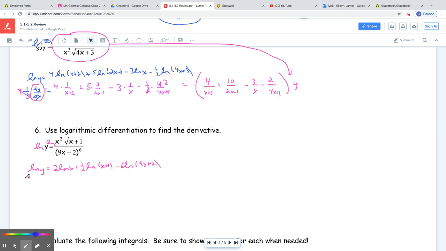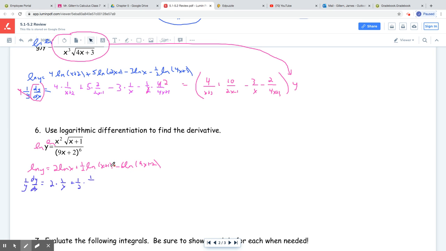So this is always 1 over y dy dx, and that's what we're eventually going to solve for, equals 2 times 1 over x, because the derivative of natural log of x is 1 over x, plus 1/2. Whatever's in front of the natural log just stays there, multiplied by the derivative of the inside.